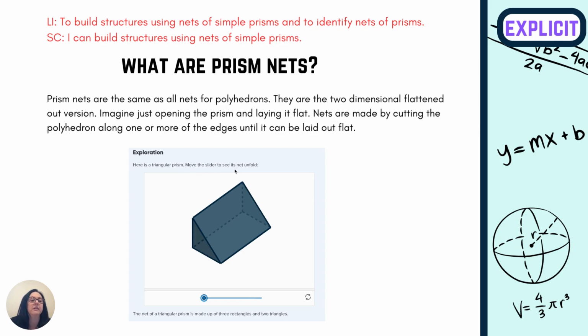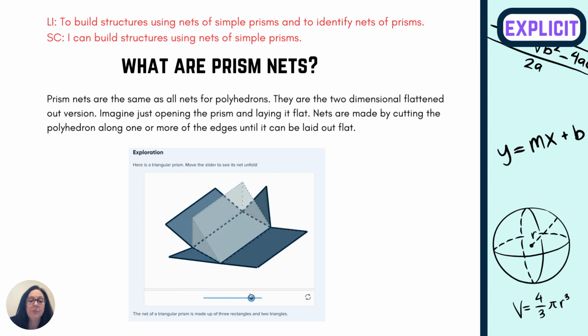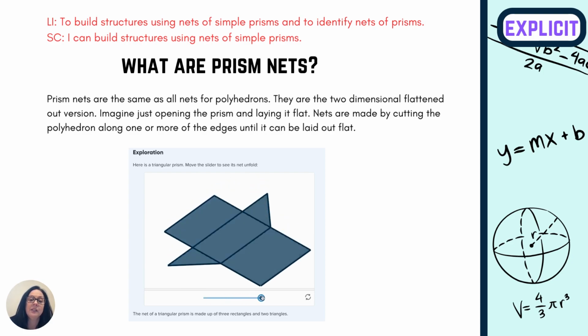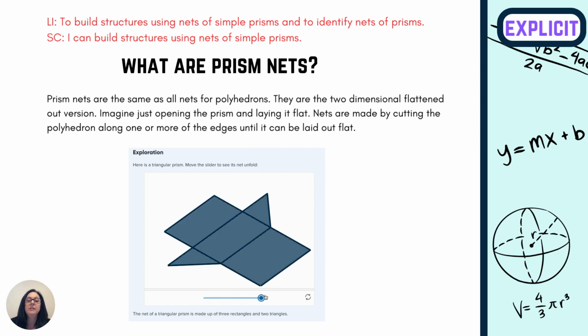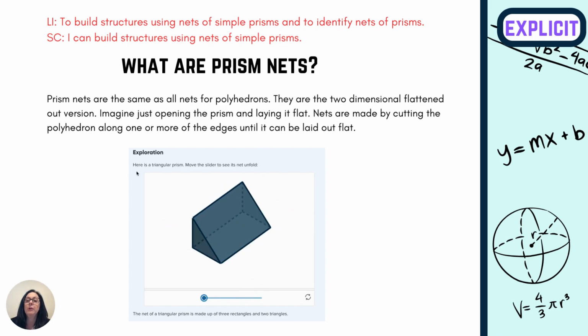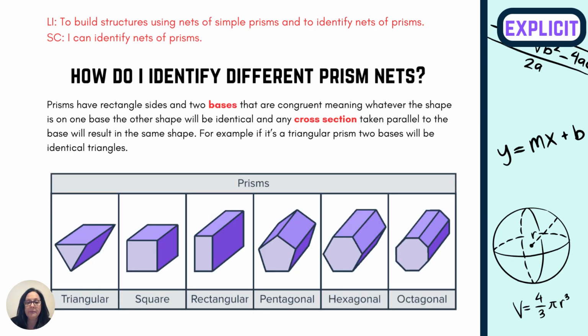We create our nets by cutting the polyhedron along one or more of the edges until it can be laid out flat, which means that there is going to be more than one way that we can create nets. So this isn't the only net we'll have for triangular prisms. This net can be formed in other ways.